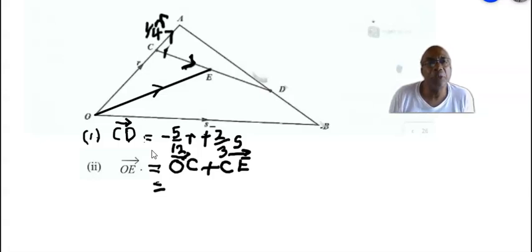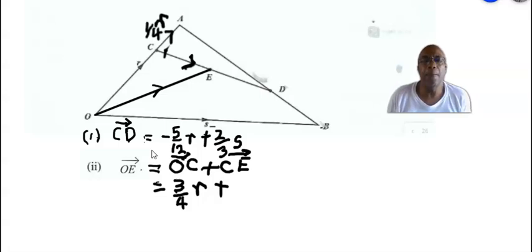Vector OC is 3/4 vector OA, which is R. So vector OC is 3/4 R and vector CE, we were given that E is the midpoint of the line CD, and therefore vector CE is a half of vector CD. And we know vector CD, we found it in the last question.